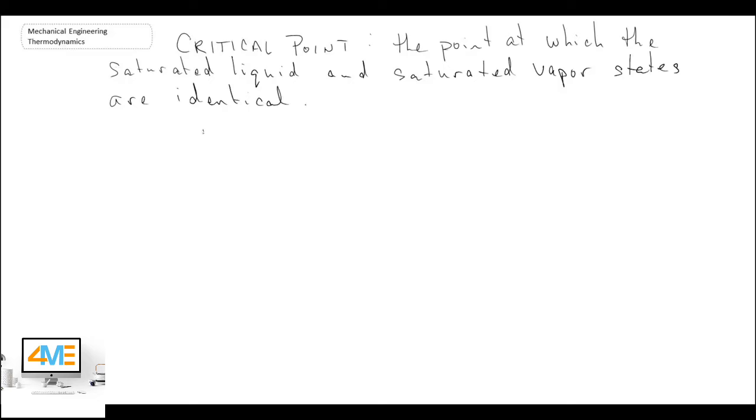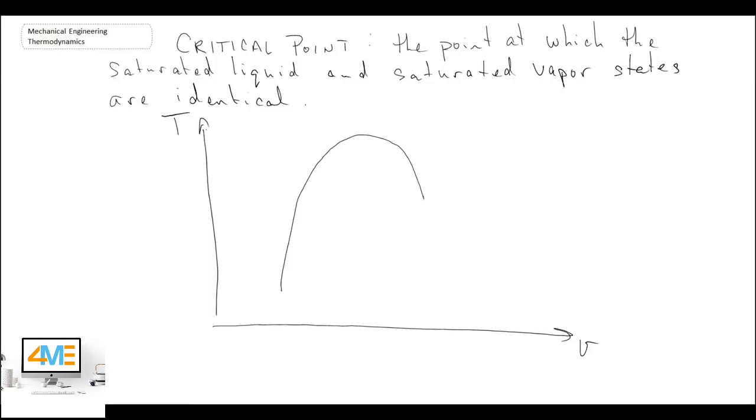And if you look at this on a TV diagram, let me just sketch it out here. On the vertical axis we have T, on the horizontal we have V, denoting your specific volume. We talked about the two-phase region, so your two-phase region might look something like that. You have constant pressure lines coming across, you go through a phase change, and then you move up into superheated vapor.